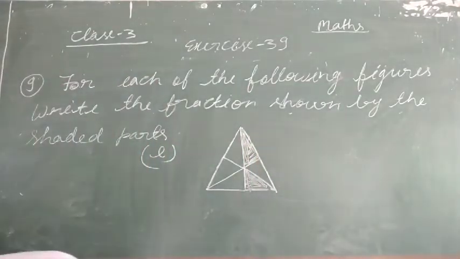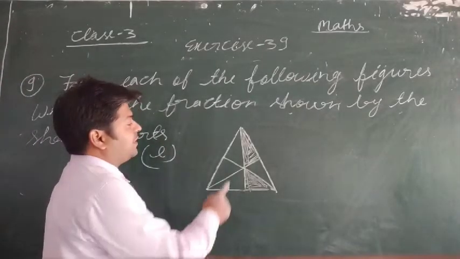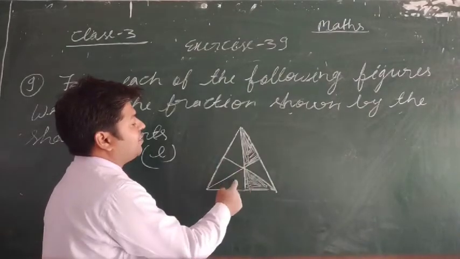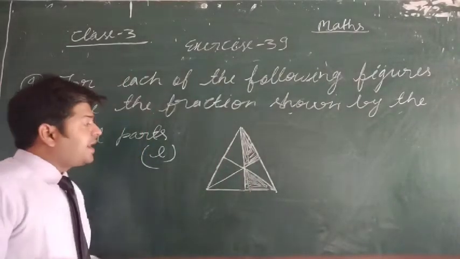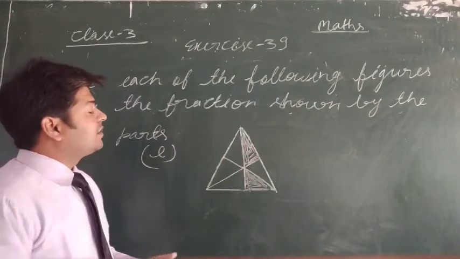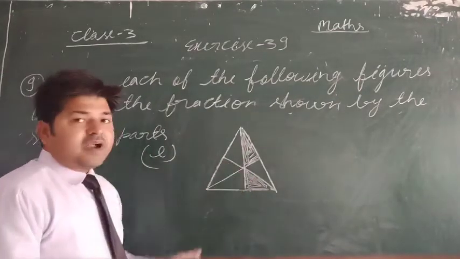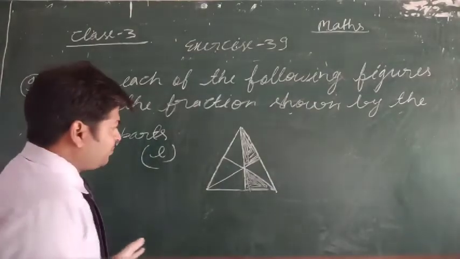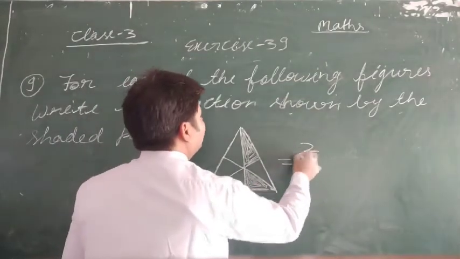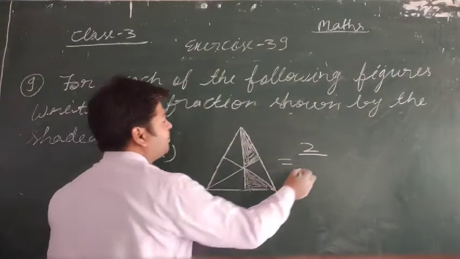Okay students, so this is given the figure. So firstly you have to count how many parts are given here. 1, 2, 3, 4, 5, 6. Okay, and how many colored parts? So out of 6 parts, 2 parts are colored. So simply you have to write in numerator 2 and in denominator the total number of parts, 6.